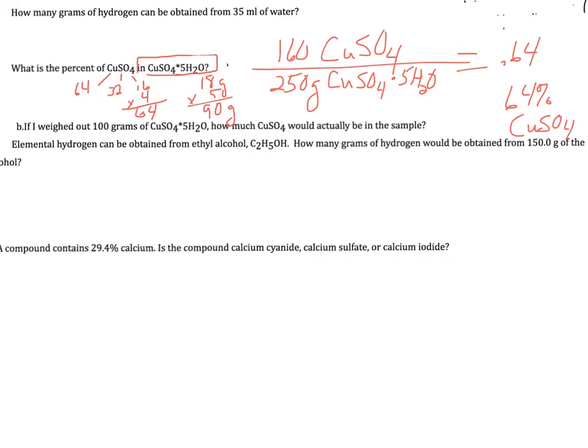Next problem, if I weighed out 100 grams of CuSO4, how much would actually be this sample? We kind of talked about this. If it's 100 grams, we can set it up in this ratio. We can say 100 grams of CuSO4, and we could say for every 250 grams of CuSO4 pentahydrate with the 5 waters, it's 160 grams of CuSO4.